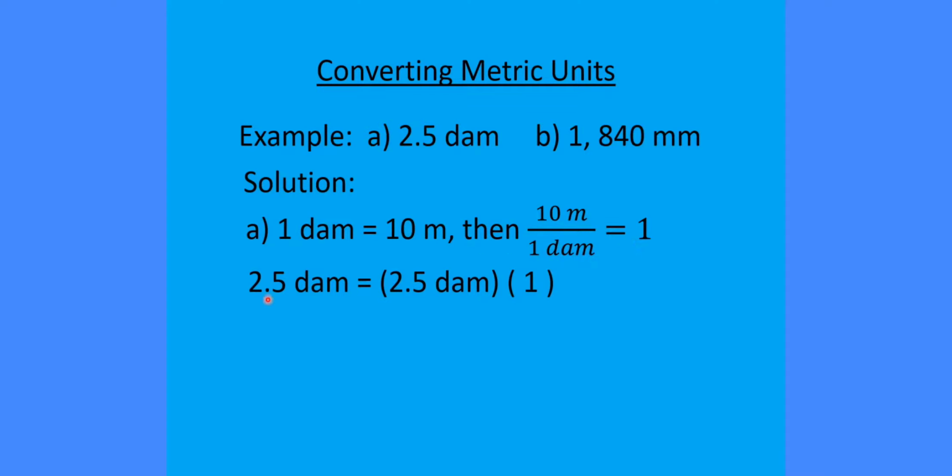So the given value, 2.5 decameters, will be multiplied by 1, and 1 will be substituted by its equivalent ratio, 10 meters over 1 decameter. Then cancel the unit decameters. The unit remaining is meter. Multiply 2.5 and 10. The result is 25. Then copy the remaining unit, which is meter. So 2.5 decameters is equivalent to 25 meters.